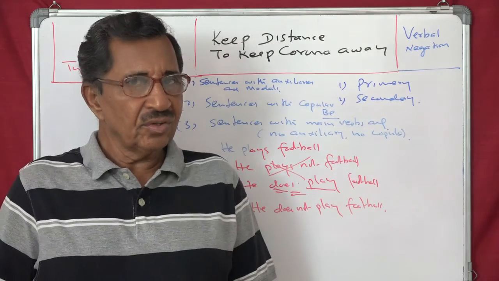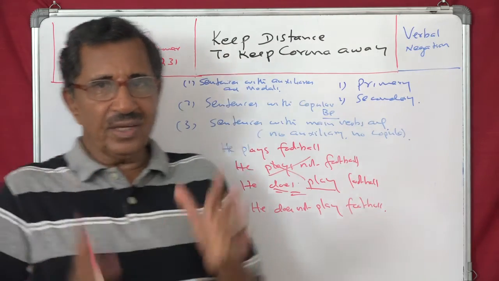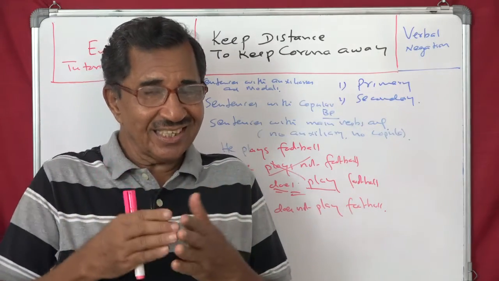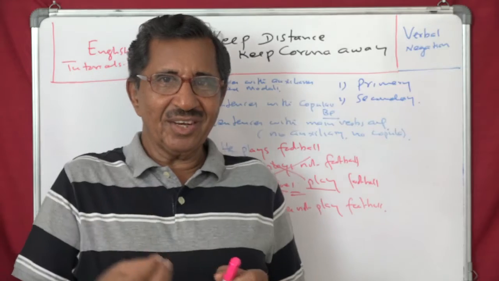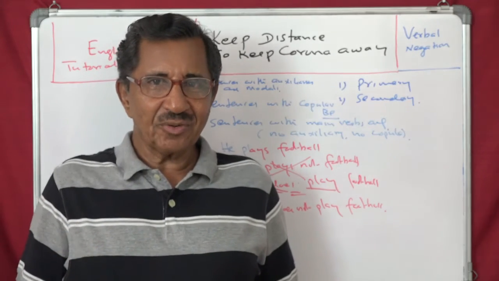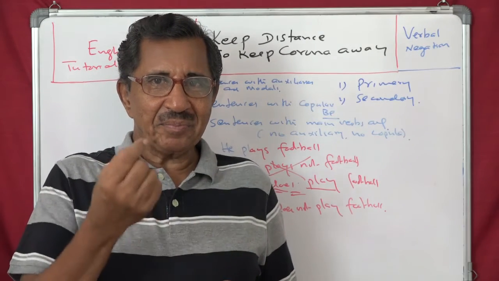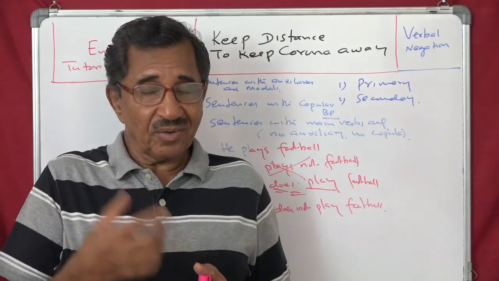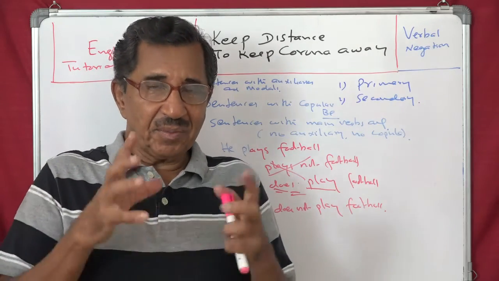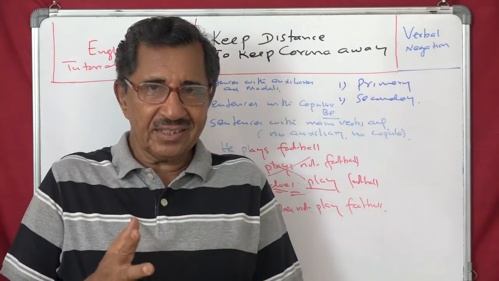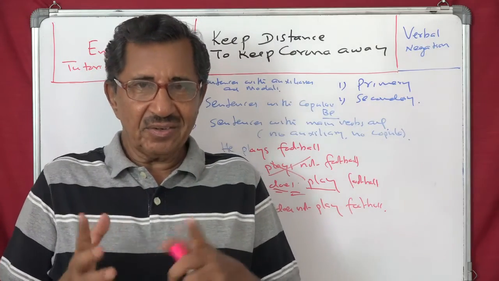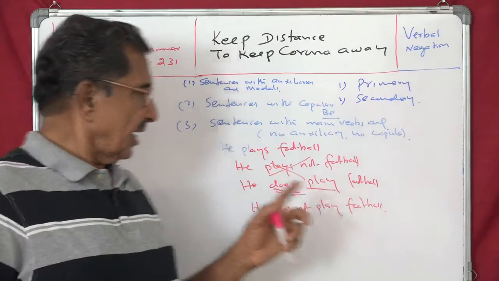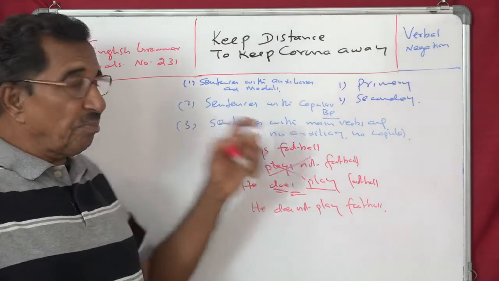For that you have to use do, does, did. Now how this use of do, does, did works out, I most humbly invite you to my lectures on simple present tense on YouTube, where I have explained in great detail how to form the simple present and how to negate it, and why he plays becomes he does play.